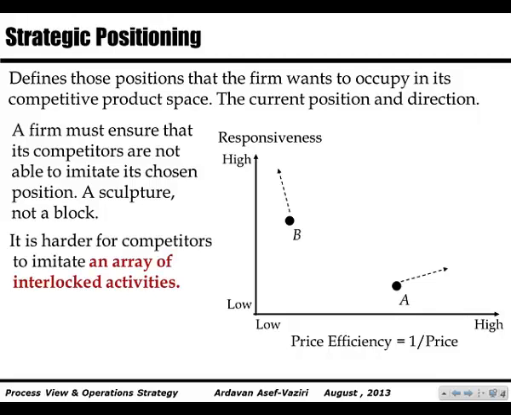It is difficult for competitors to imitate an array of interlocked activities, interlocked processes. When Southwest Airlines became successful, many companies tried to imitate what Southwest did. But Southwest created a sculpture. For other companies to become a Southwest, they should destroy themselves first.